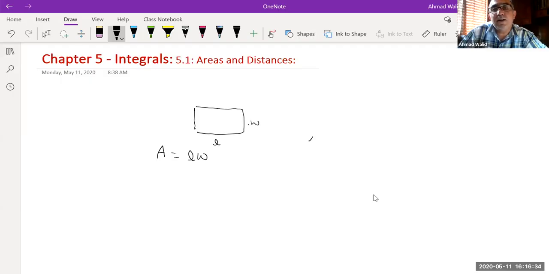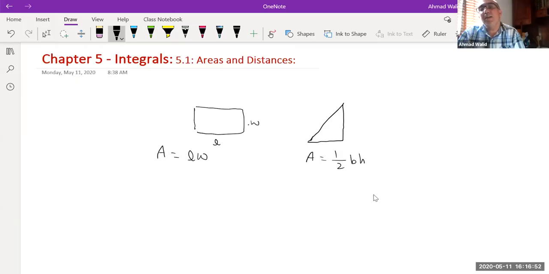Or if I give you a triangle like this, again it's really easy for you to find the area, correct? A equals 1/2 of B H, one half of base times height gives you the area. Even if I give you a shape like this, which is not a good shape, you can still find its area without calculus.